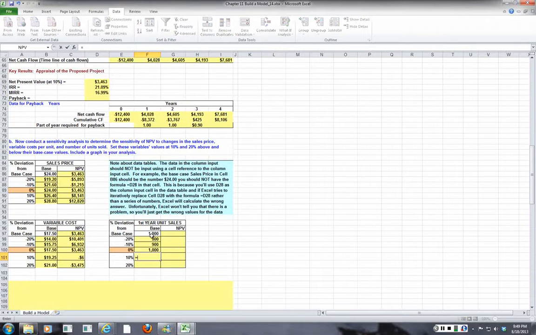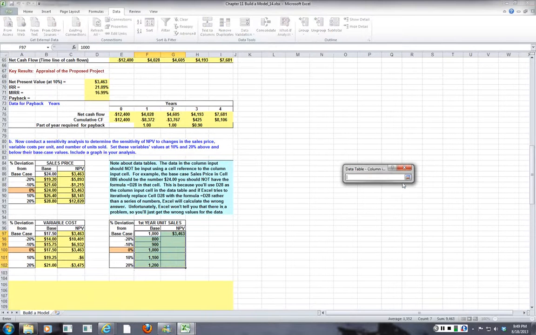If it goes up by 10%, it's 1,100, and if it goes up by 20%, it's multiplied by 1.2, 1,200. So now we want to get our net present value in there. I want to copy that down there. So now we've got these variations, and let's see what kind of an impact variations in these will have on the net present value.